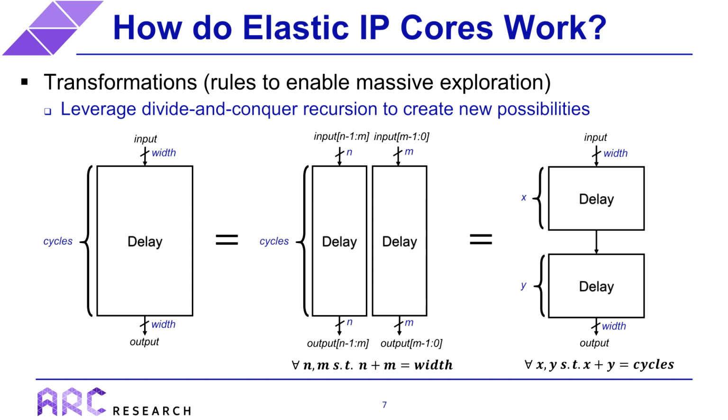So for this delay example, we can recursively implement a given delay, shown on the left, with two smaller delays, either by splitting the delay based on width, as shown in the middle, or alternatively, splitting it based on depth, as shown on the right, where you're dividing up the number of cycles.